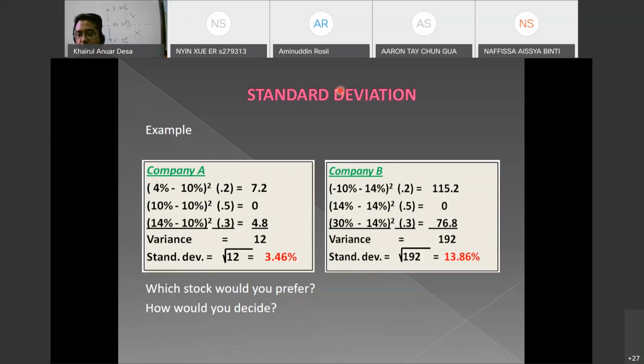So mereka suka melabur atau to take the risk melabur dalam seperti Bursa Malaysia ataupun stock exchange, and they buy stock, the riskier stock, and they hope they can get a better return. Okay, so they go for the riskier stock.